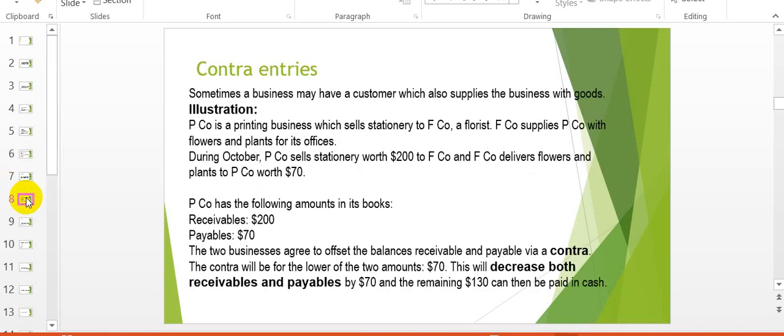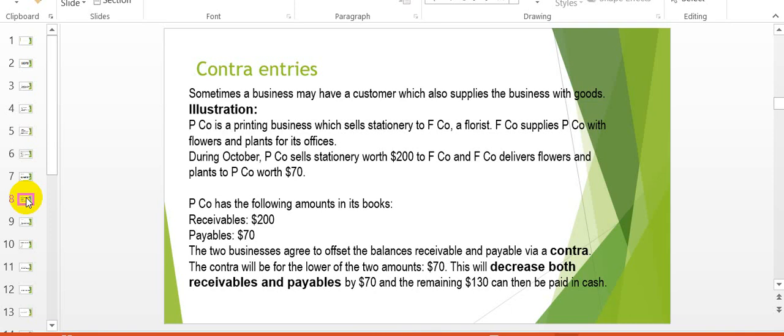Sometimes a business may have a customer which also supplies the business with goods. In our illustration, we have Pico, which is a printing business which sells stationery to FCO, who is a florist. FCO supplies Pico with flowers and plants for their offices.